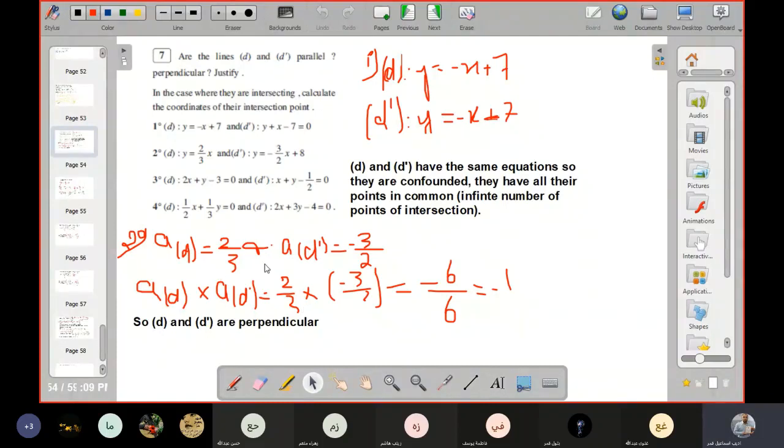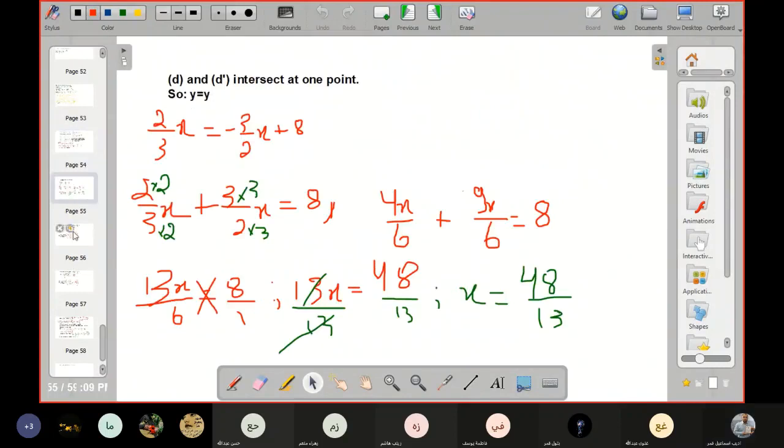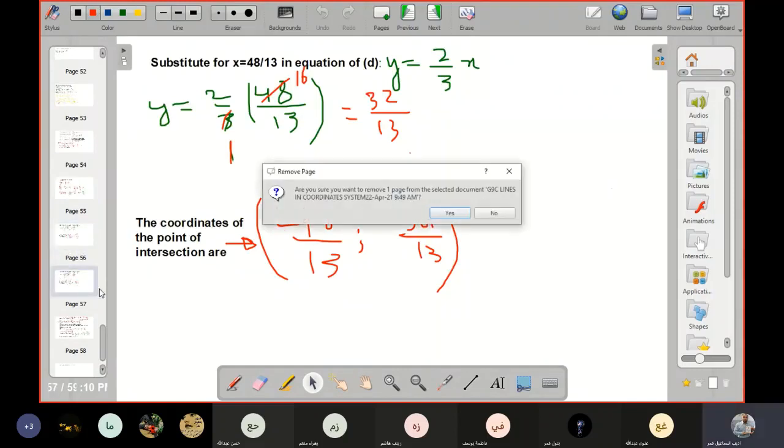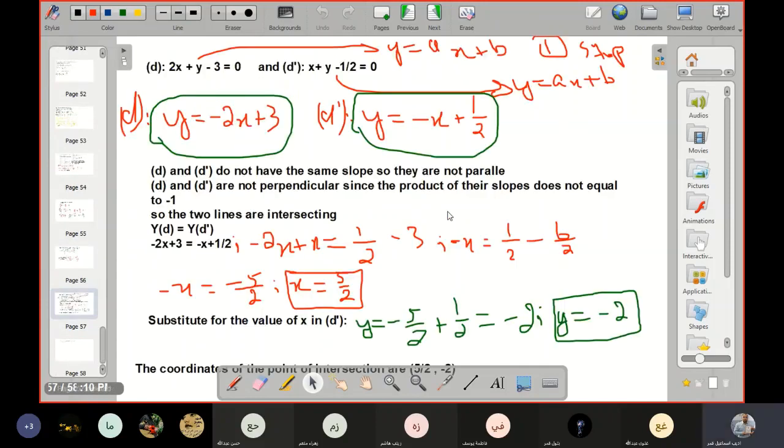In part 2, the product of the slopes of the two lines is equal to minus 1, so they are perpendicular, and we calculated the point of intersection by solving the equations to the form y equal ax plus b for both of them and equating the y's.